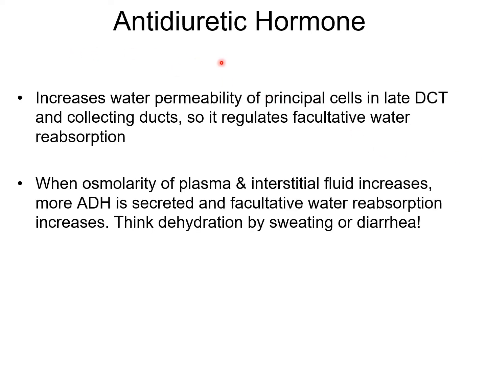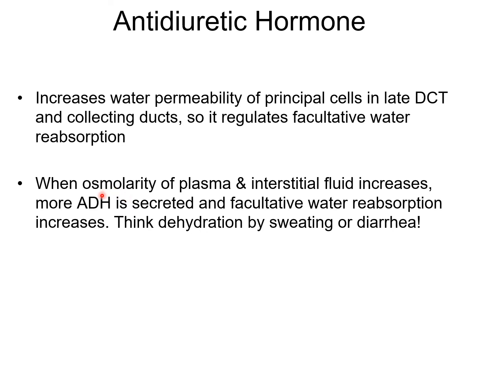We'll be seeing this in chapter 27 in a more functional context, antidiuretic hormone. This is acting on those principal cells as well. It is changing how much water can flow through those cells, and we'll be seeing the scenarios, whether it's dehydration by hyperthermia or diarrhea or blood loss.